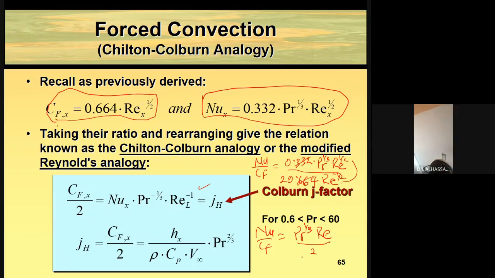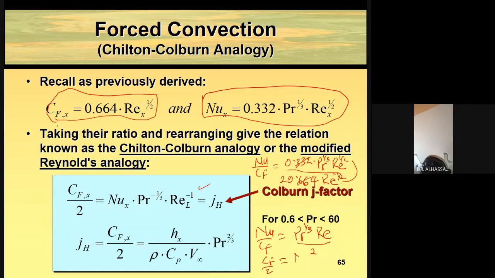Now eventually we will have CF divided by 2. This goes up, and then this comes down. So then this should be equal to, this goes upstairs and this comes down.